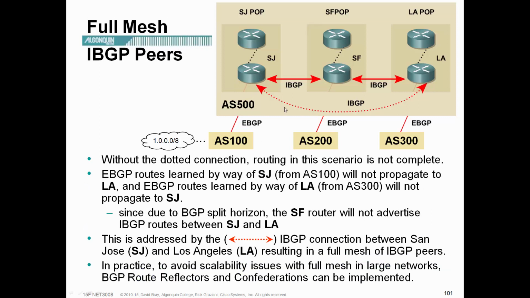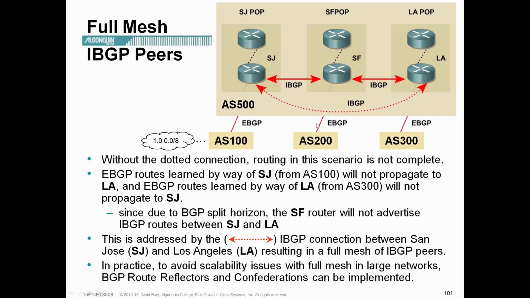Without this extra dotted connection, BGP routing in this scenario would be incomplete, since the external routes learned here from SJ would not get over to LA due to split horizon.